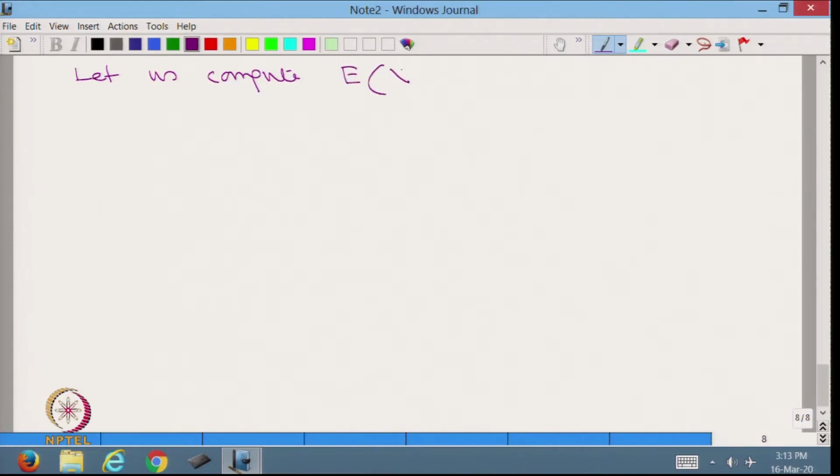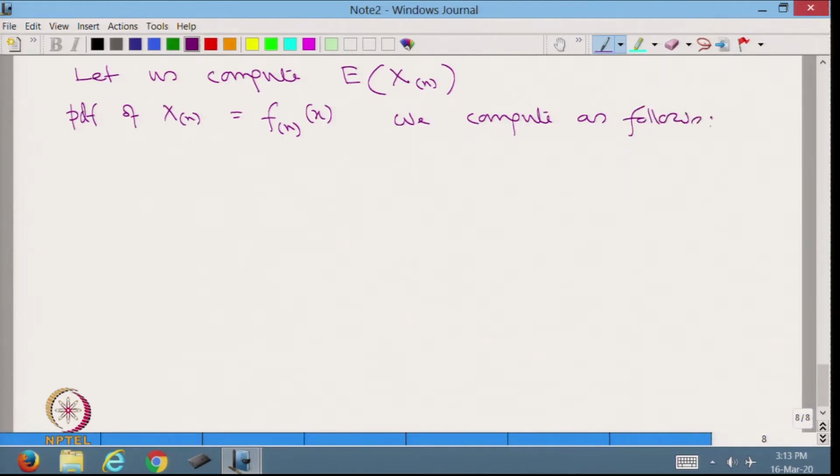Let us now compute the expected value of Xn, the nth order statistic. The PDF of Xn, f_n(x), we compute as follows. Suppose this is 0, this is 1, this is x, and the nth observation is here. That will give us f(x).